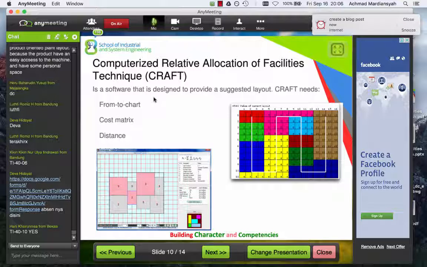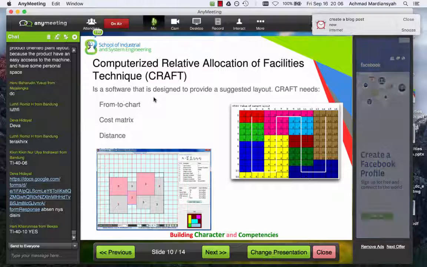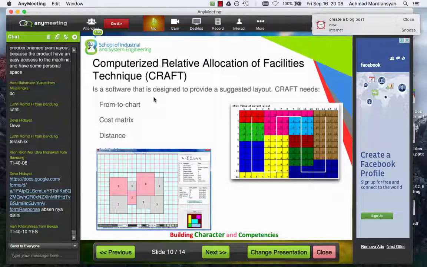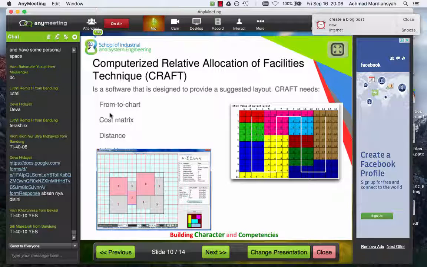Others here is CRAFT. We call it CRAFT, Computerized Relative Allocation of Facility Technique. So it's a long acronym. So this is how the software looks like. It's software to design a suggested layout.